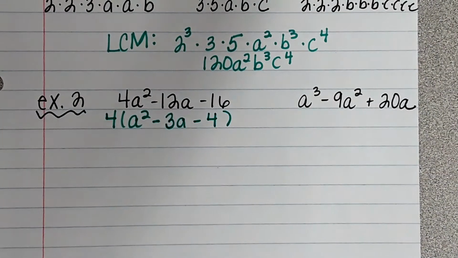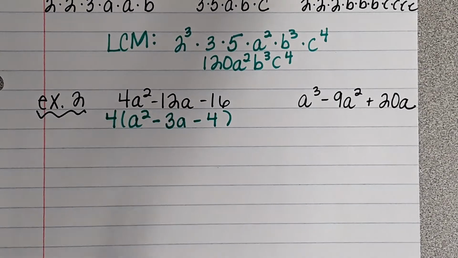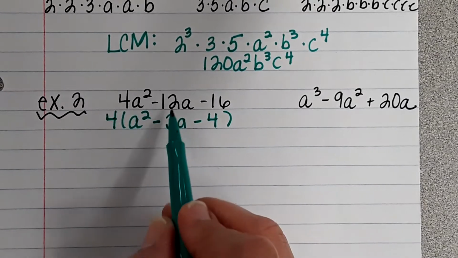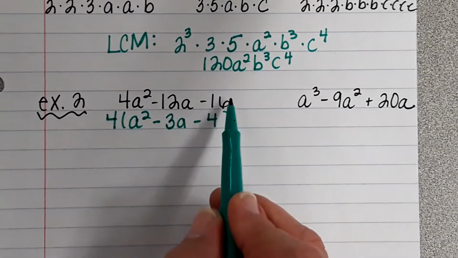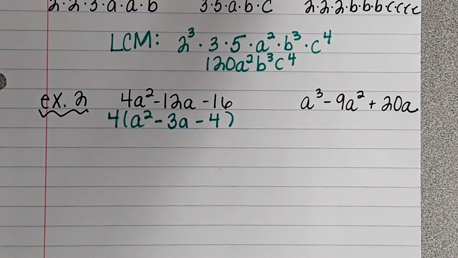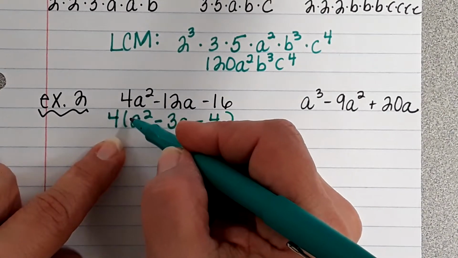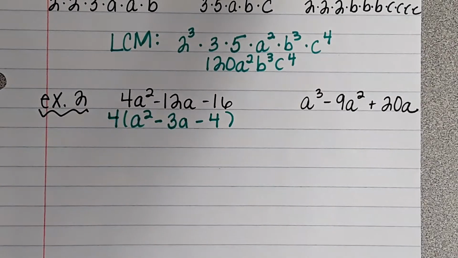When you do that, just do a quick check to make sure that you divided right. 4 times a squared is 4a squared. 4 times 3 is indeed 12. 4 times 4 is 16. Now, we're looking for two numbers because a is 1. See the number in front of a squared is 1? I'm looking for two numbers that when you multiply, you get negative 4, and when you add them, you get negative 3.